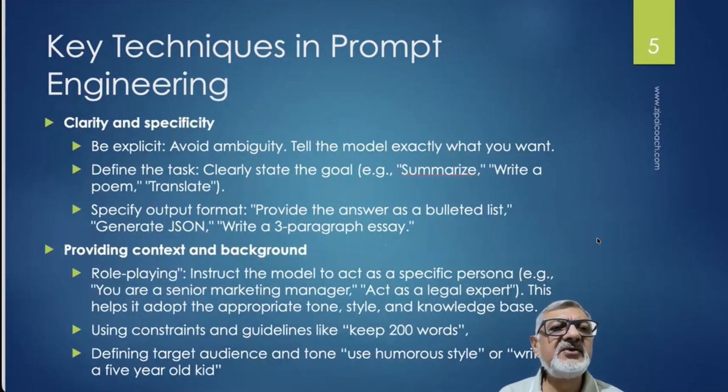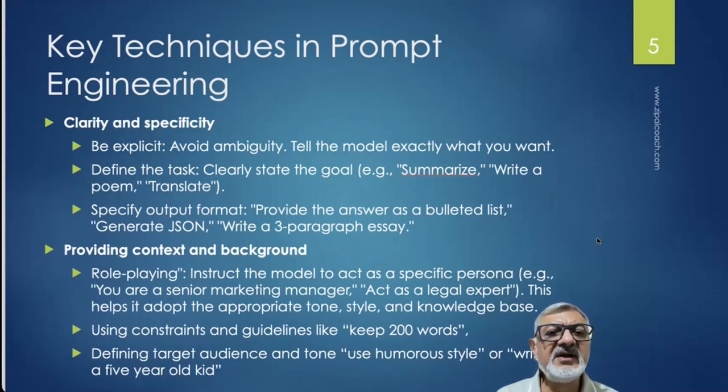The key techniques used in prompt engineering are clarity and specificity of our inputs. We have to be very explicit and give the model unambiguous input. Like we have to tell a model that we need a summary or we want a translation.